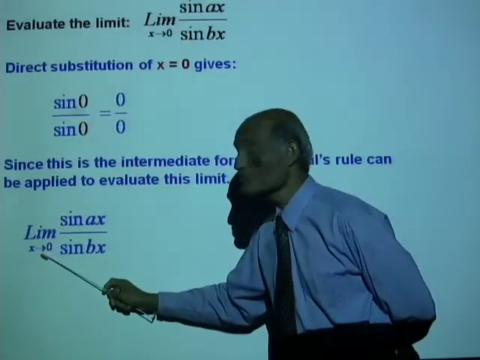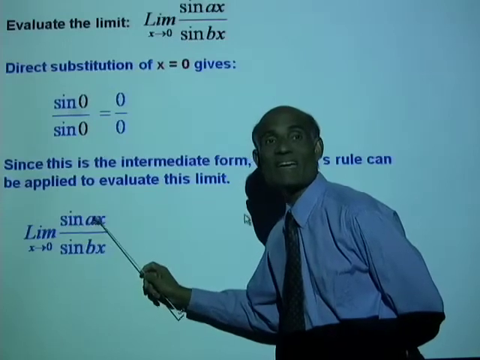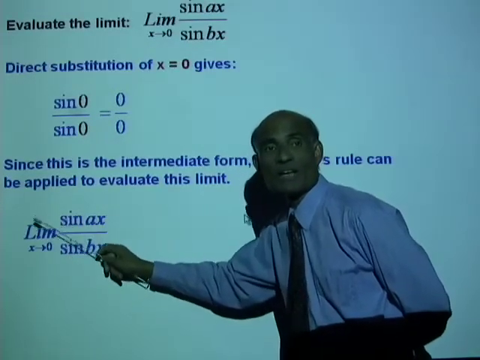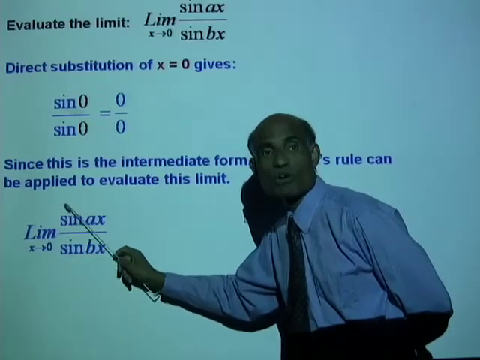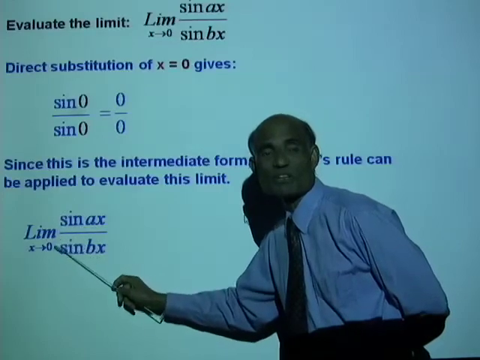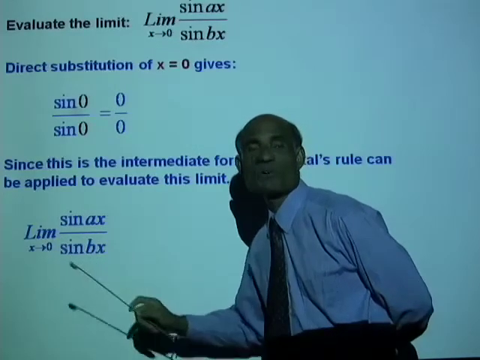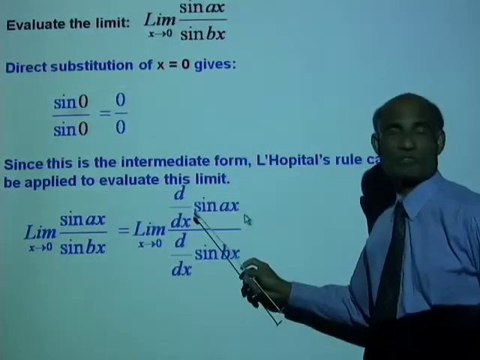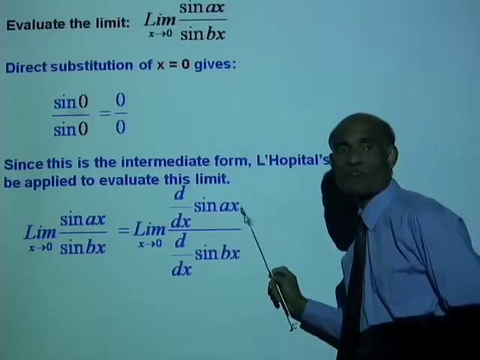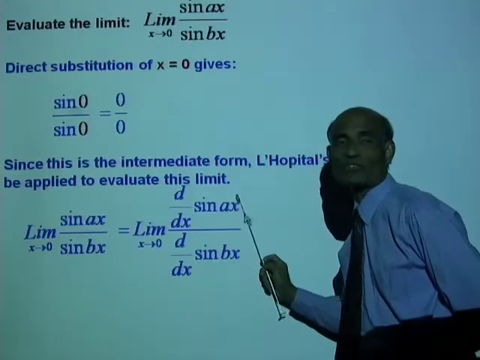The limit as x approaches 0 of sine ax over sine bx is the same as the limit as x approaches 0 of the derivative of sine ax with respect to x divided by the derivative of sine bx with respect to x. There you go. What is d by dx of sine ax?